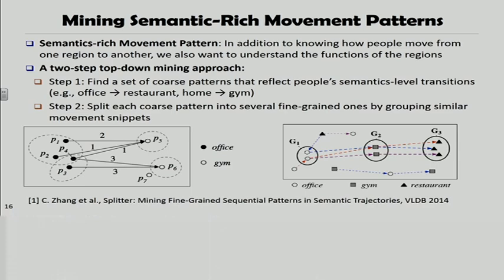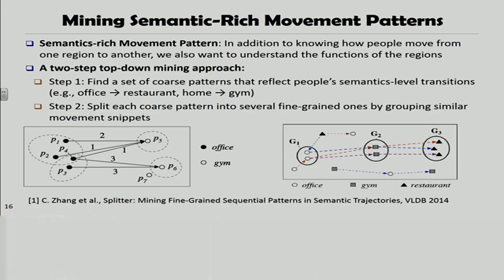He basically has a two-step top-down approach. What is the two-step top-down approach? The first step is first finding semantic-level transitions. Why? Because if you just find a movement on every one, many different semantics are mixed up, and you just cannot find a good semantics pattern.